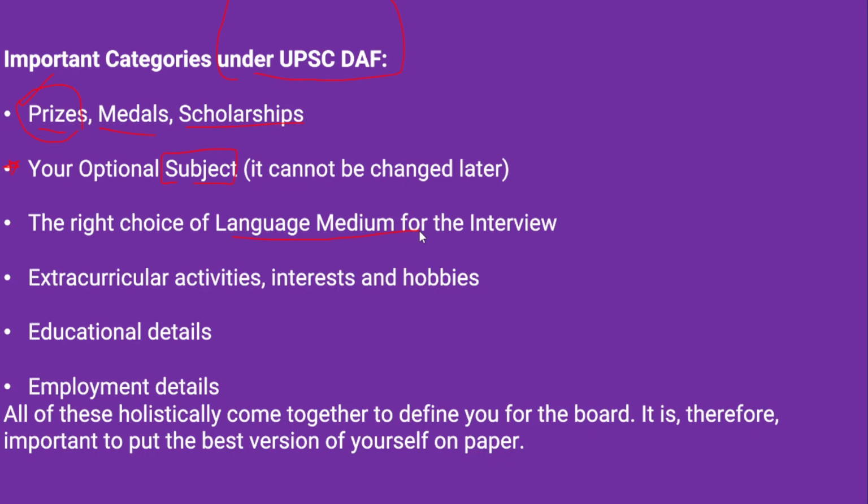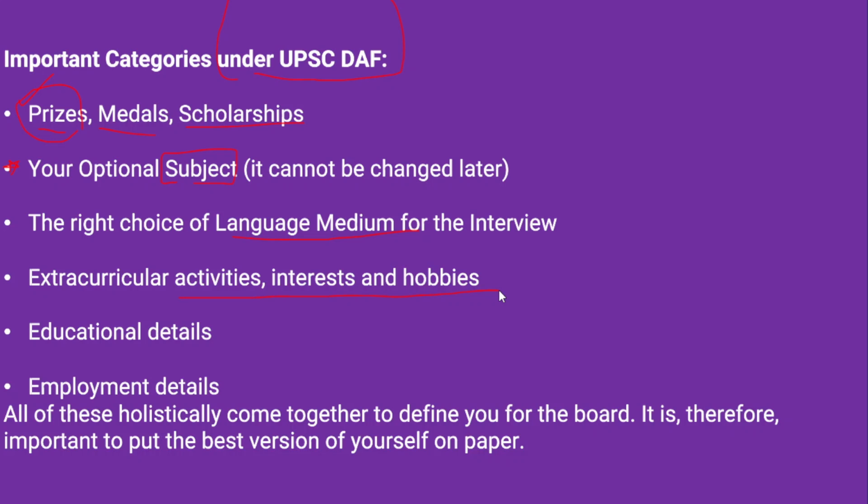And you would also write about your extracurricular activities, interests and hobbies. For example, a large number of candidates write about playing chess, playing cricket, vipassana, yoga practicing, and so many things. So many things they will write in their detailed application form.